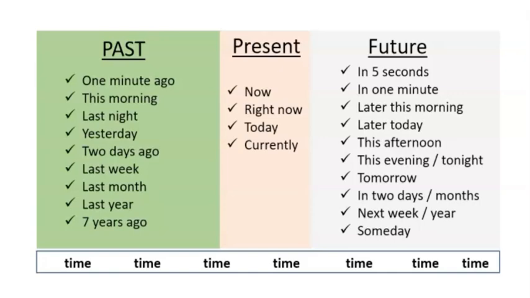So the present tense is now, right now. It could be generally, or let's say vaguely, today, or even more inexact would be currently. And currently is, for example, not an exact moment, but at this current approximate time.